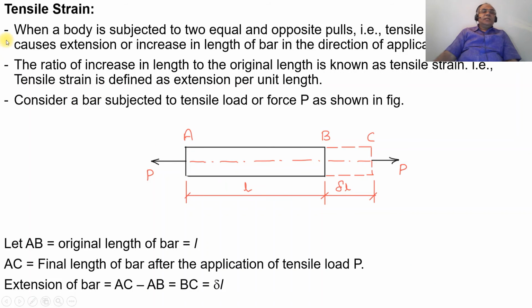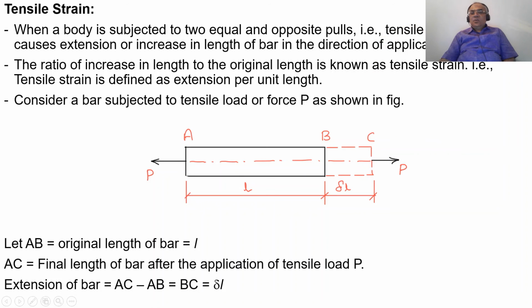Now, next comes the tensile strain. So now we are going to discuss how the tensile strain happens on the member. When a body is subjected to two equal and opposite pulls, as shown, we have one pull in this direction and the other pull in this direction.